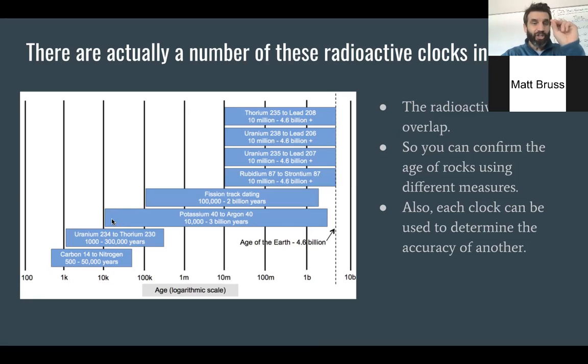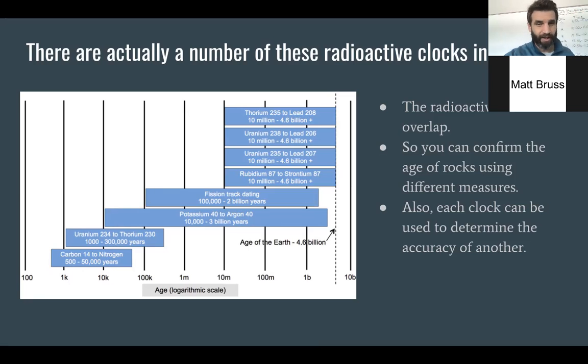And then they can use that to say, hey, when I look at this ancient artifact that we know the age of, does my carbon 14 measure match my potassium measure? Because it should, it's the same principle. So these metrics should match up.